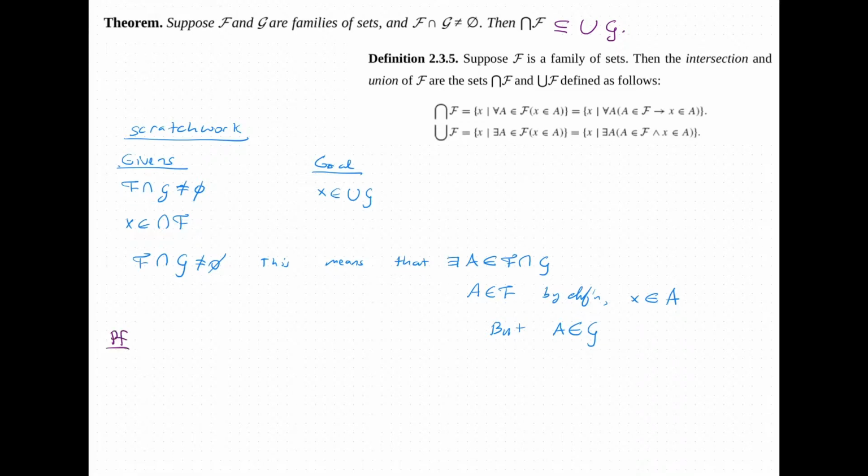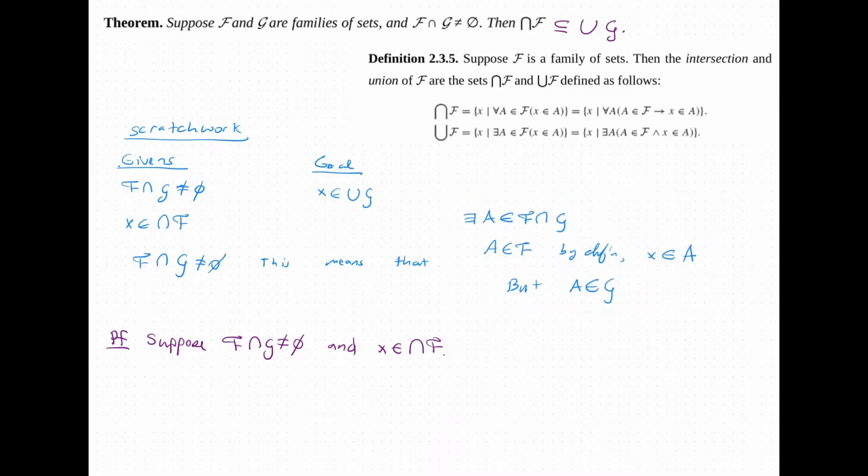So proof. Suppose that F intersect G is non-empty and X is in the intersection of F. The next thing we're going to do is use the fact that F intersect G is non-empty.